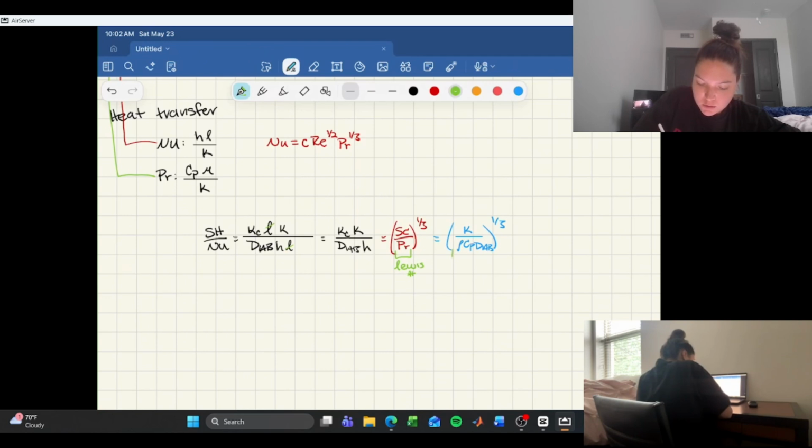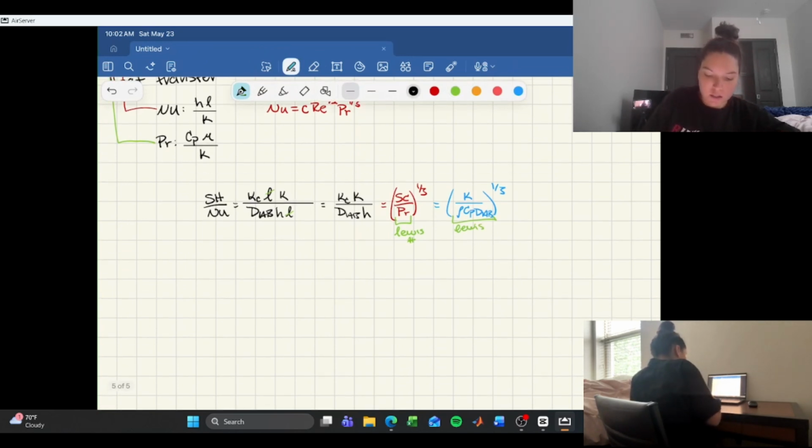And so this term here is also the Lewis number. Okay, so now let's rewrite this.